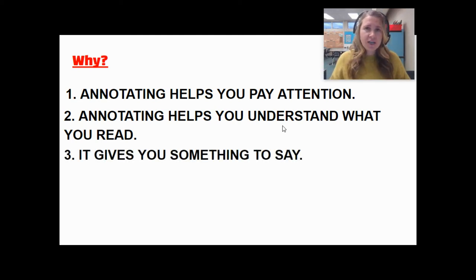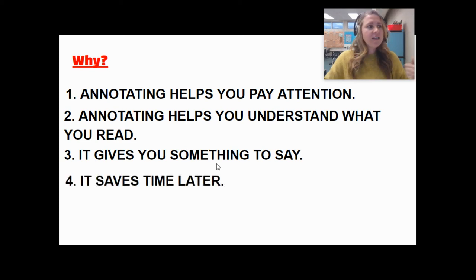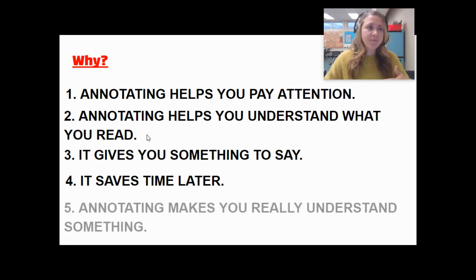When your teacher is asking you to have an example or an idea or a reason in those connecting summaries, that is going to help you have something to say when you've annotated. The next thing is it saves time. When you've read something, now you could just go back to your notes and say, well, I remember this is when I made a connection here. It saves us time later.